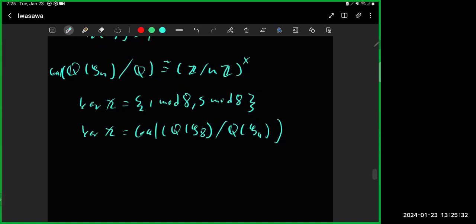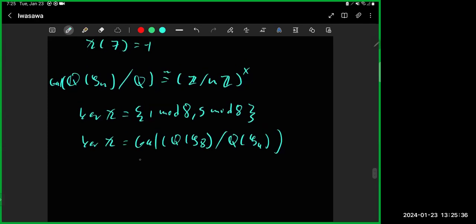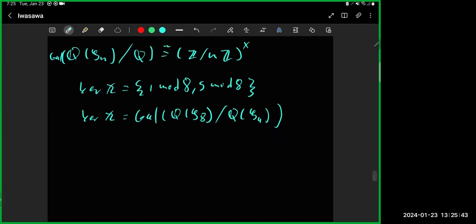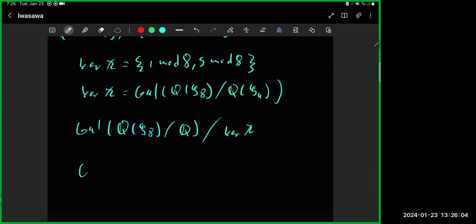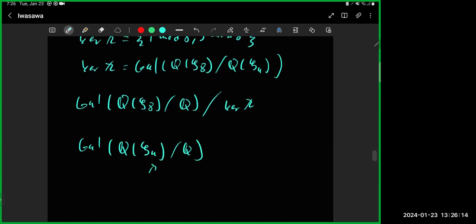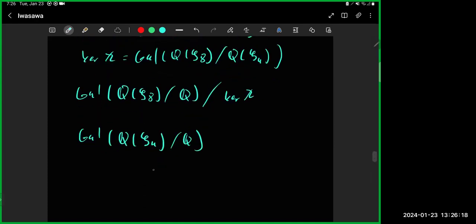So quotienting the Galois group of Q adjoin the eighth root of unity over Q by the kernel of chi, we get that this is just a character on the Galois group of Q adjoin the fourth root of unity over Q. And this automatically spat out what the conductor was, right? Our conductor in this case is 4.